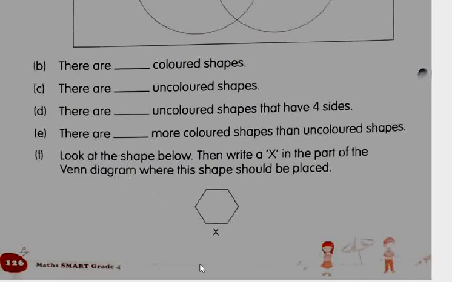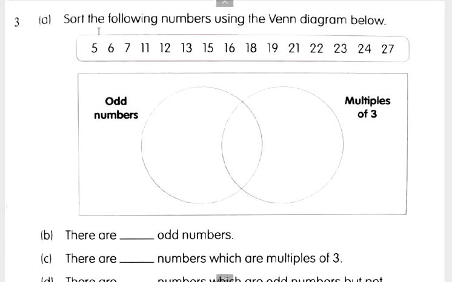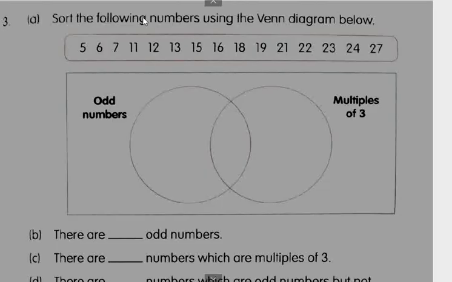Okay, so let's proceed to the next page. Number 3, question A. Sort the following numbers using the Venn diagram below. Okay, these are the numbers given, and let's decide what are the odd numbers. Okay, then let's mark the odd numbers here.